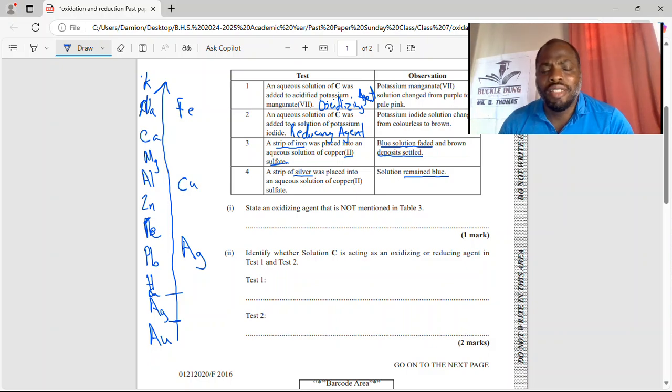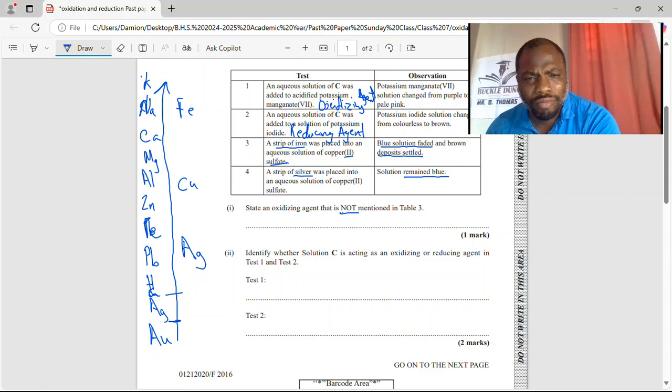The question says, quick one mark. State an oxidizing agent that is not mentioned. Not mentioned. Fluorine gas.